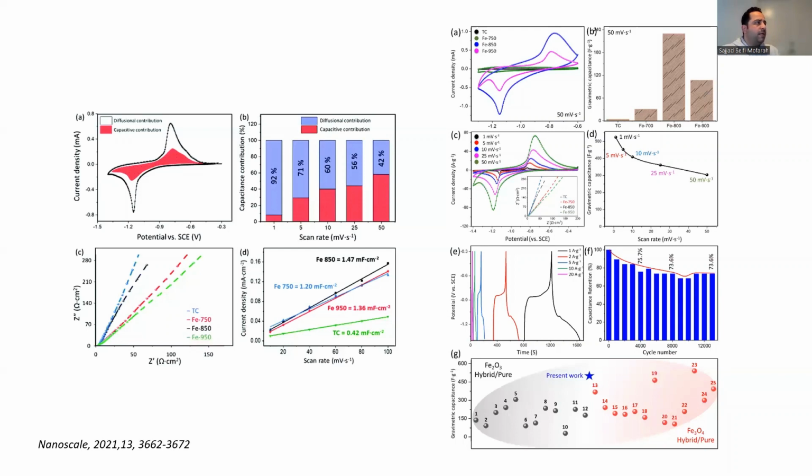Also, on the left side, figure A shows the capacitive and diffusion contributions of the materials, and how much of the capacitance we report is related to capacitive interactions happening at the surface, and how much is related to the diffusion of charge carriers in the system. And according to that, by increasing scan rate, we have an increase in capacitive contribution. That means by increasing the scan rate, electrochemical and redox reactions happen more at the surface than within the bulk or within the near-surface layers.